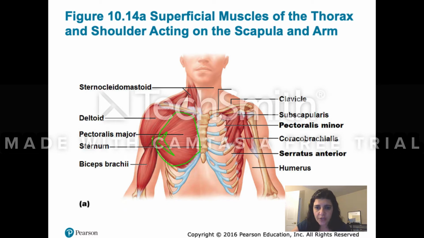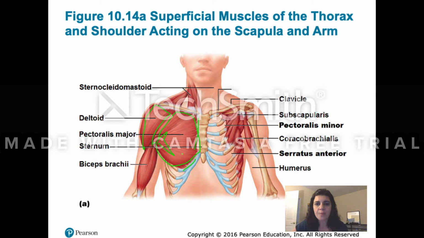The deltoid attaches to the clavicle, just like the pectoralis major, and to the humerus. The pec major attaches to sternum, ribs, costal cartilages, and to the humerus. Okay, so these muscles are important not in chest type of movement, but in arm movements, right?